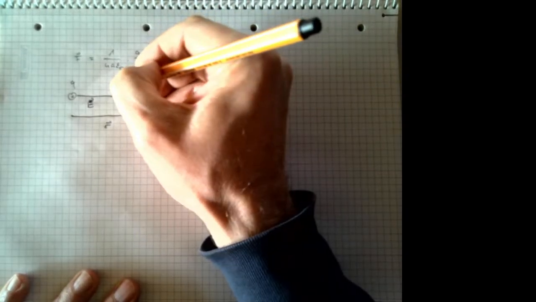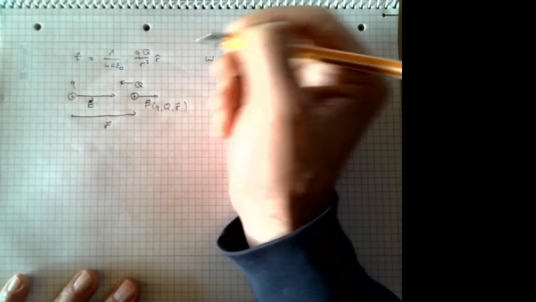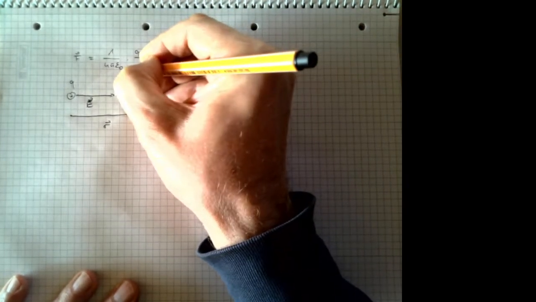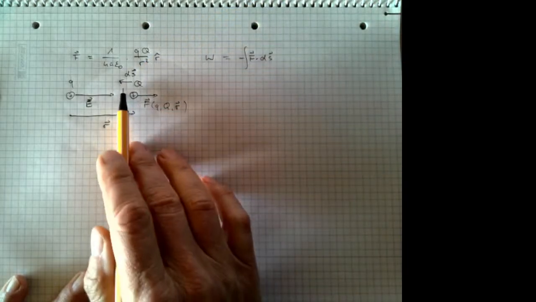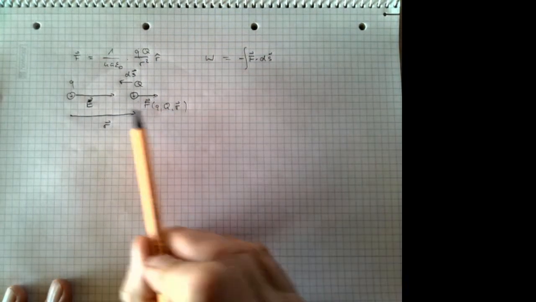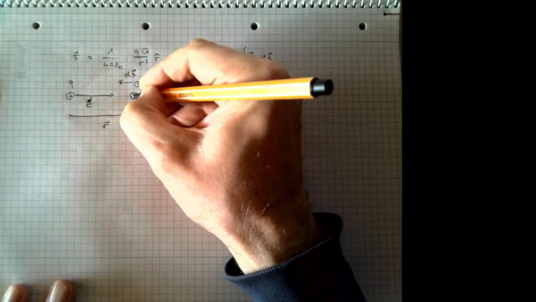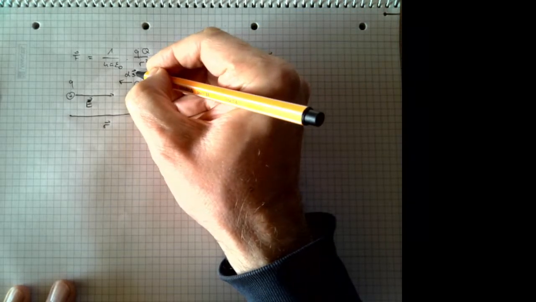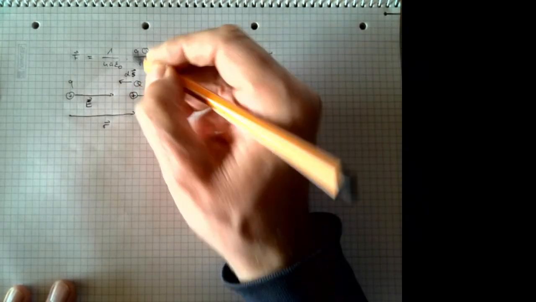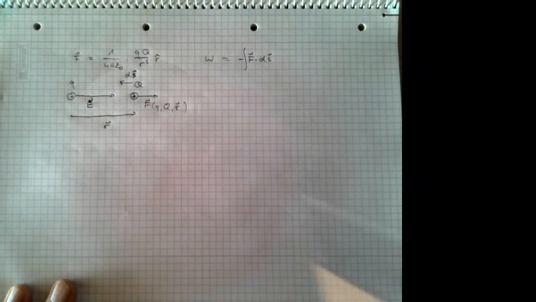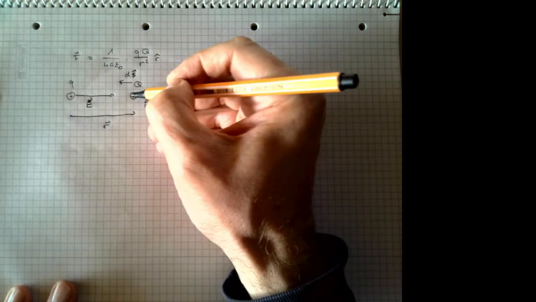And now what you do is you act against this force, and you have a little displacement ds, right? You move this charge a little distance, a little displacement, so small ds, right? A few millimeters in this direction, right?